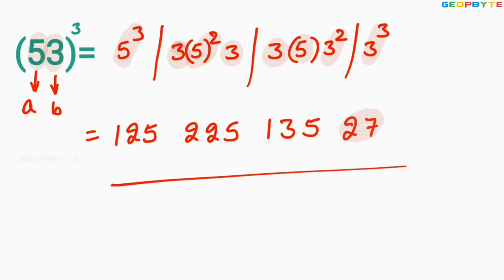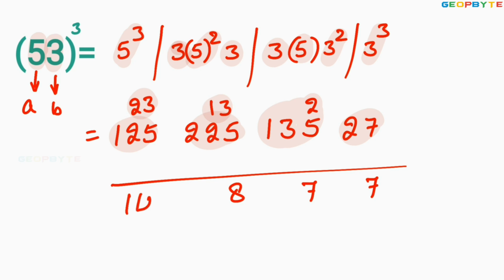From the 27, you write 7 here, 2 carry forward. 2 plus 135, 137, write 7 here, 13 carry forward. 13 plus 225 is 238, write 8 here, 23 carry forward. 23 plus 125 is 148.